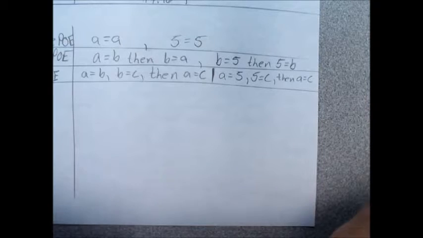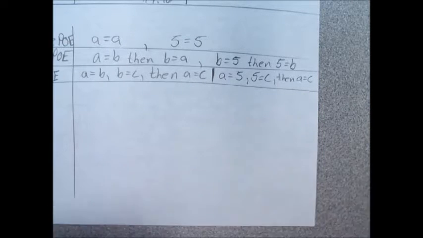Because Wesley started with 5, Tice has the same amount as him, and Emmett has the same amount as Tice. So it just runs down the line.